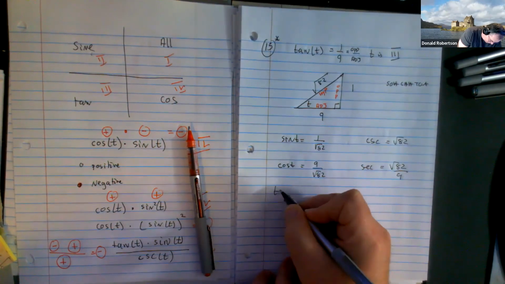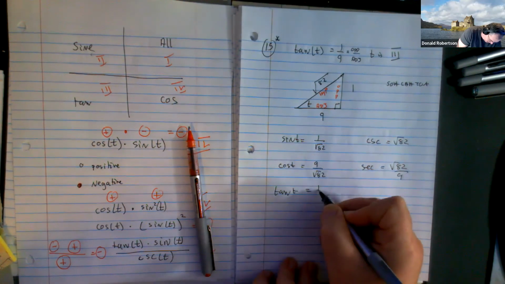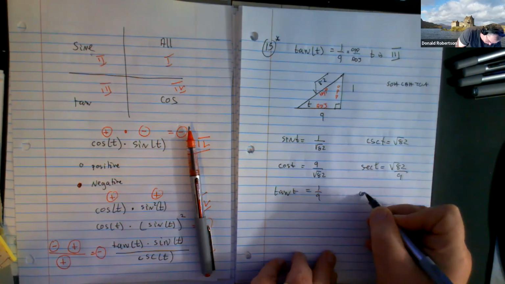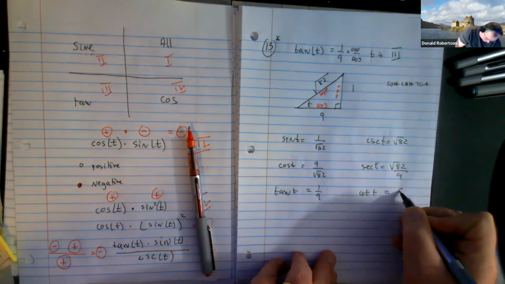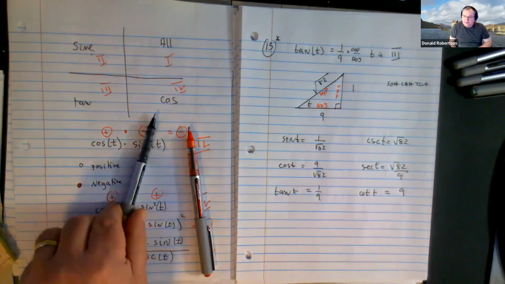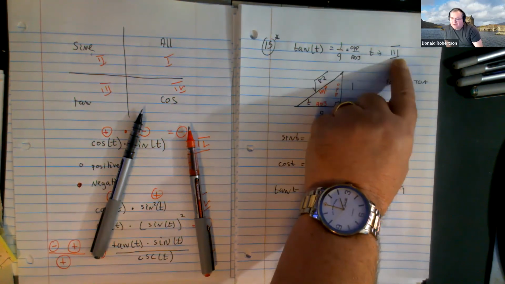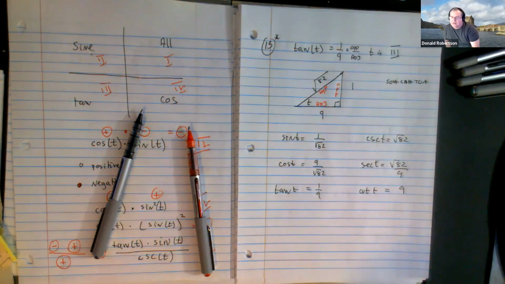And if I wanted to find the tangent, which I already know is a 9th, then the cotangent would be turn me upside down. But now I'm going to factor in this piece here. It's the 3rd quadrant.